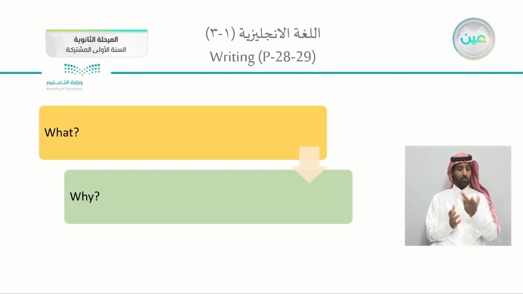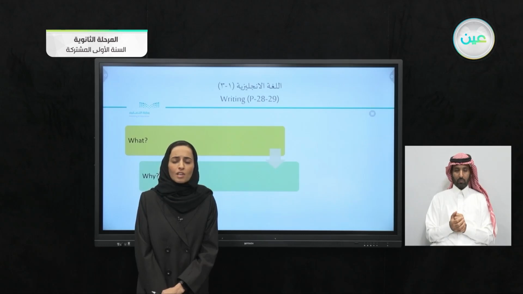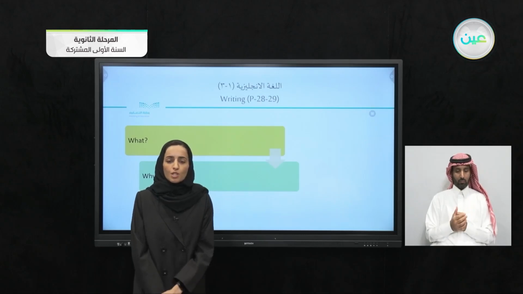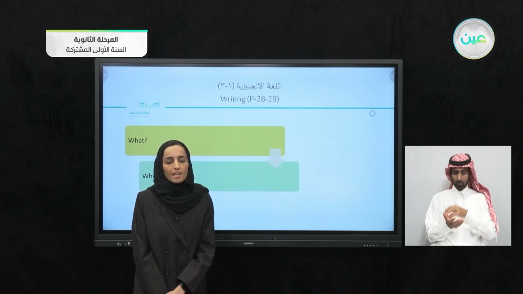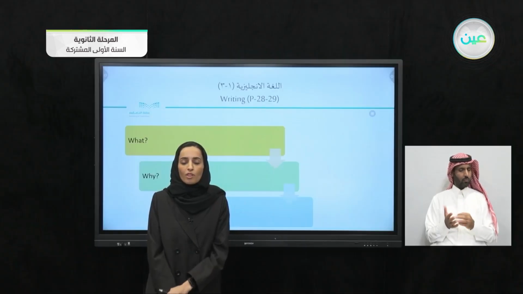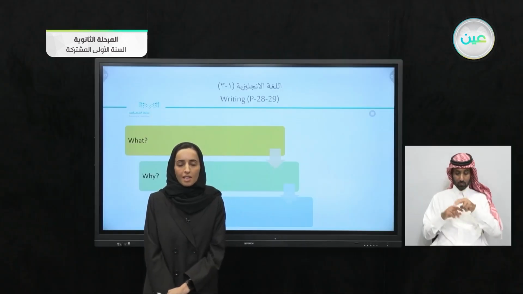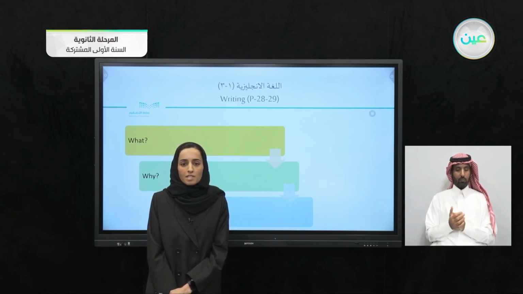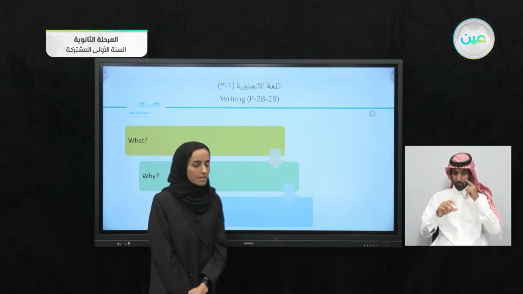Why did they go on this expedition or this voyage? Then I will come by the end to the result. How did this end up? Was it successful? What are the results or the findings that they came up with? Because it's an expedition, there are scientific reasons.